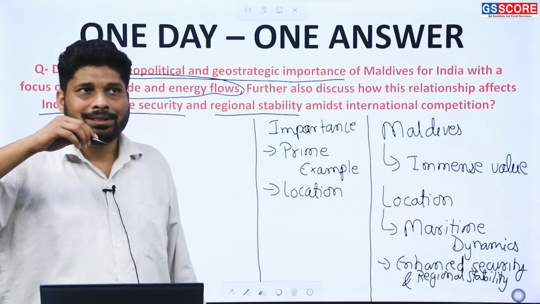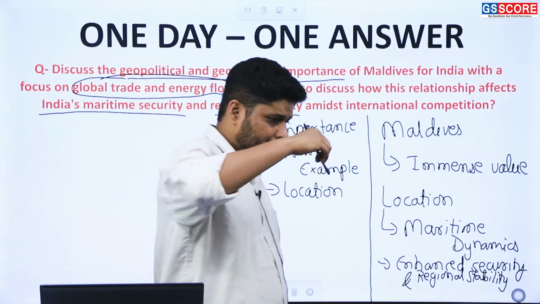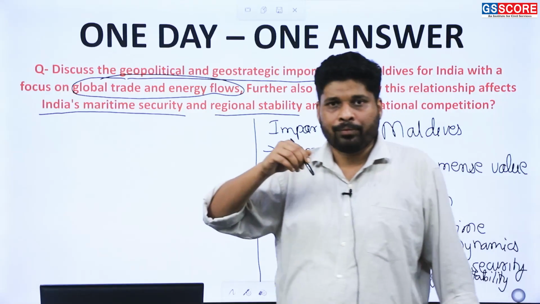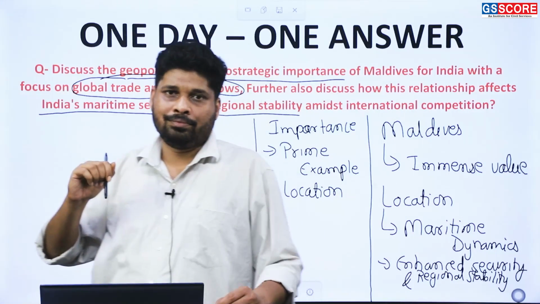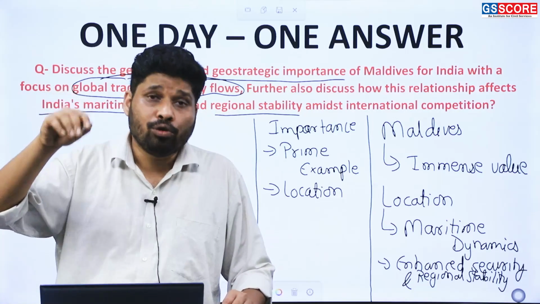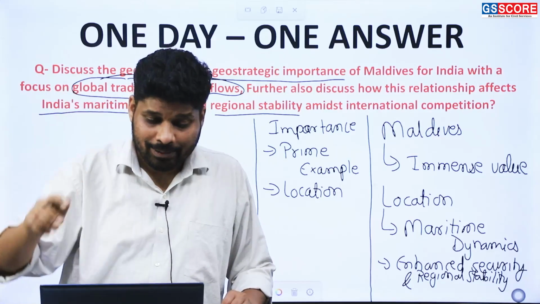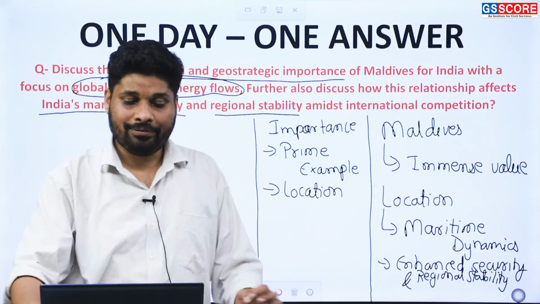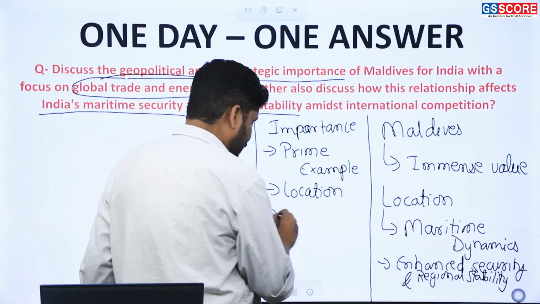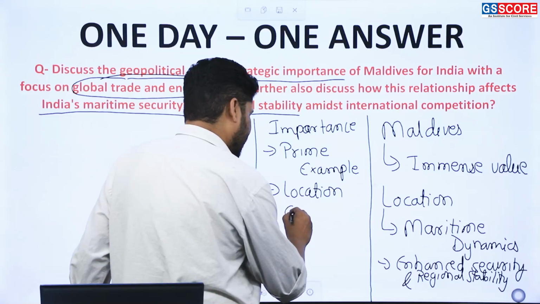So Maldives sits on a junction through which it can visibly observe and navigate global traffic, and the traffic that affects India. And in it, the most important traffic is of course energy supplies.